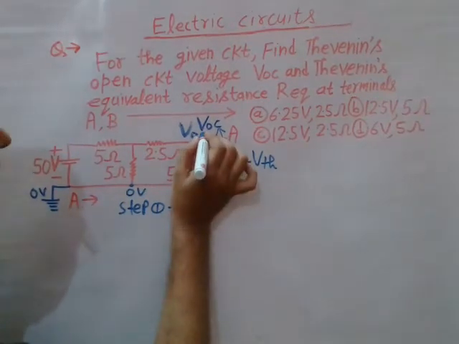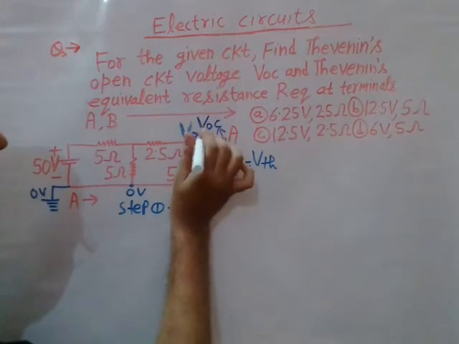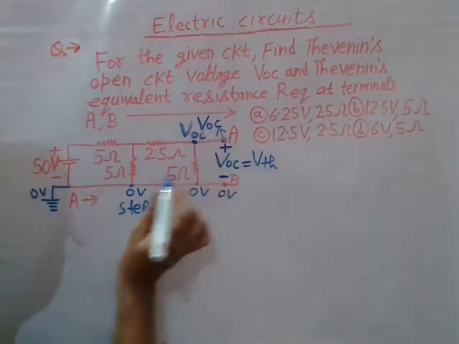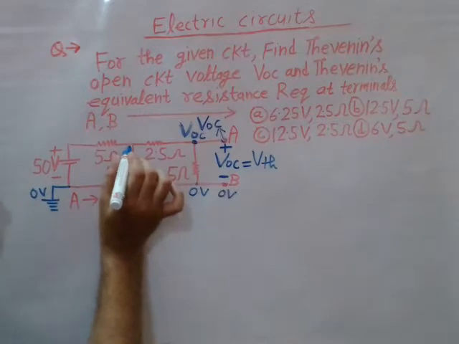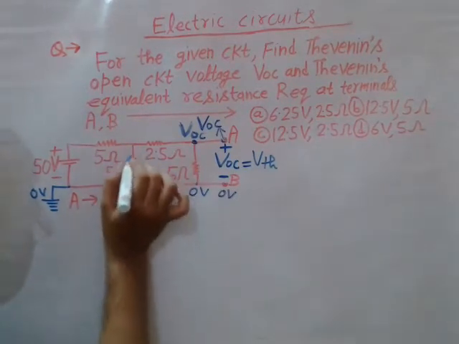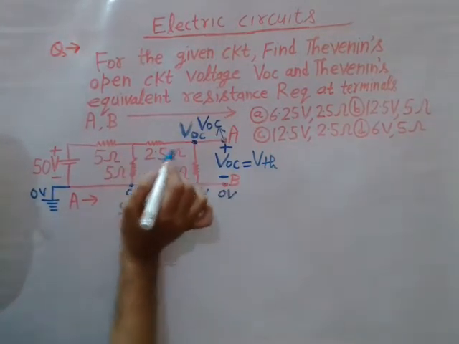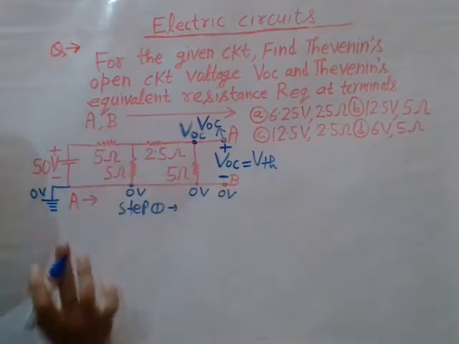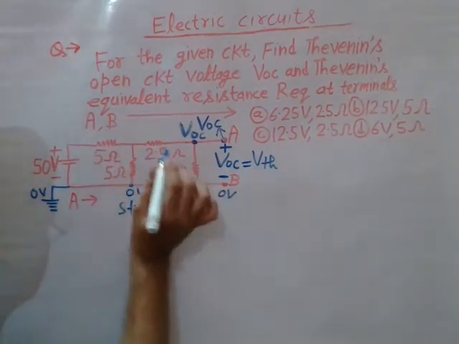Now can you tell me the potential of this particular node? Right now you cannot tell, because you do not know the voltage drop across this 5 ohm resistance, and further here also you do not know the voltage drops. So it is better to assume some potential here.